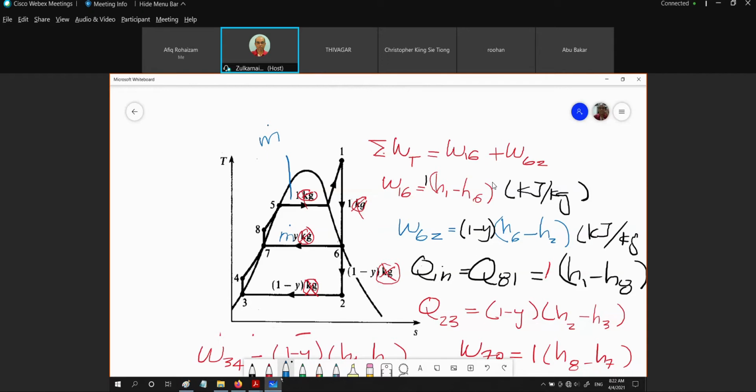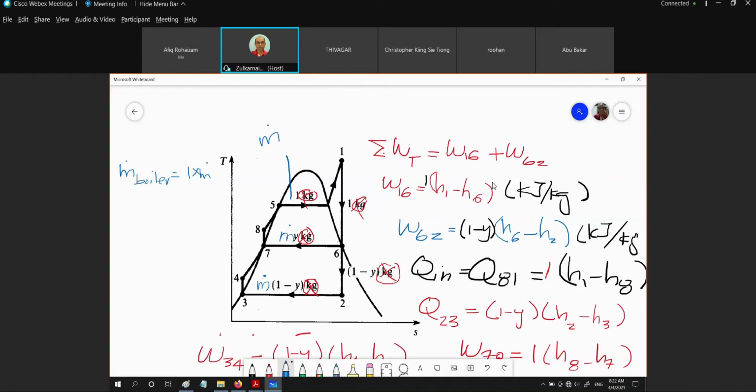And then for the condenser, we just multiply m dot. So this is the amount of flow at the condenser side. So the m dot for the boiler is 1 multiplied by m dot.